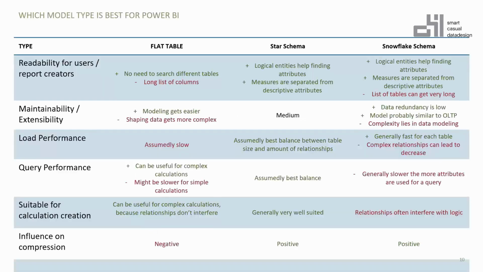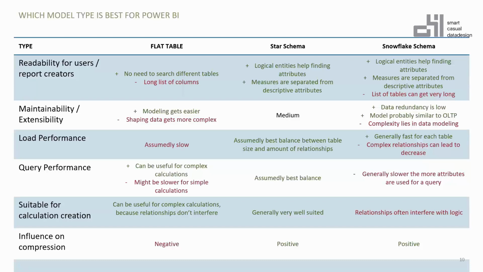And if we compare those three data model types from a Power BI perspective and look at what is actually good for those, we see, and that's not surprising because I already hinted at that, that the star schema is the best. The reason is it is easier to understand, easier to follow than the flat table, because you don't have all the attributes in one large table.